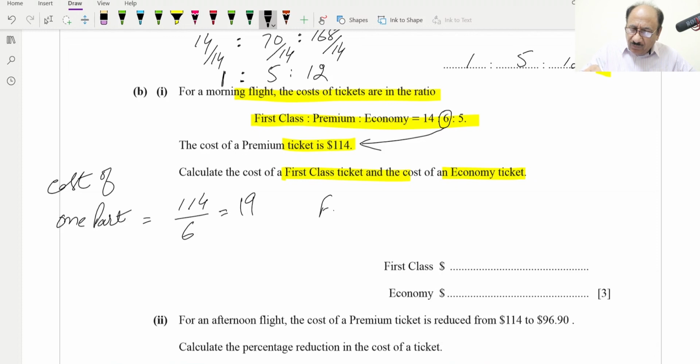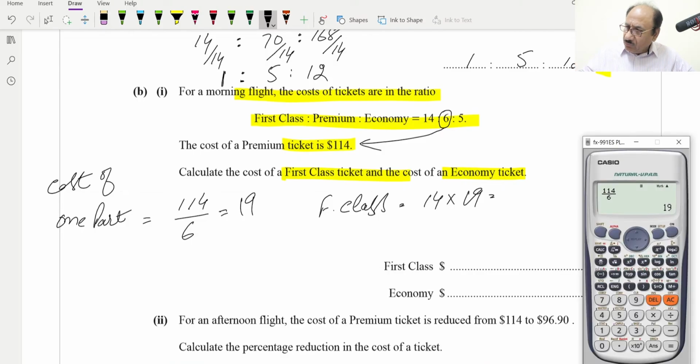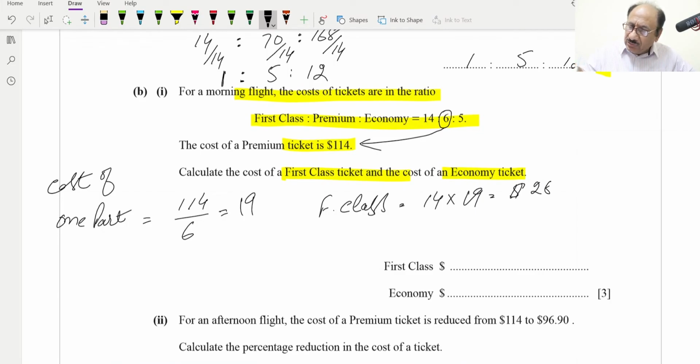This will be for first class. 14 multiplied by 19 will be equal to how much? Basically we have not erased the previous answer. 14 multiplied by 19 is equal to 266. So it will be dollars 266.